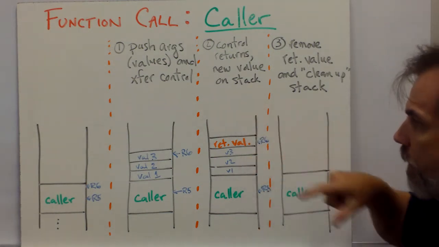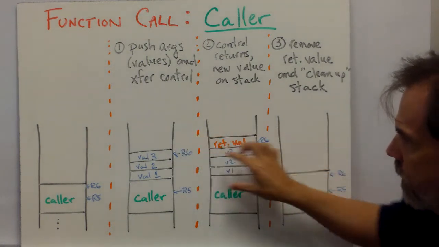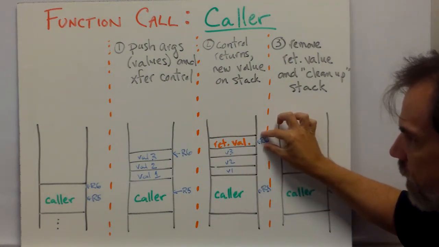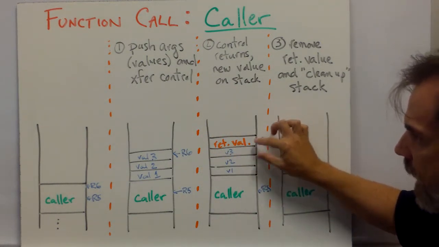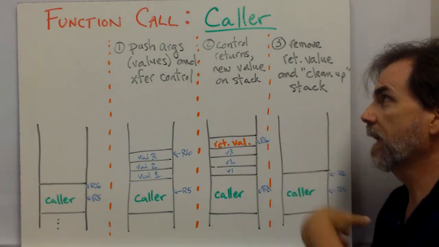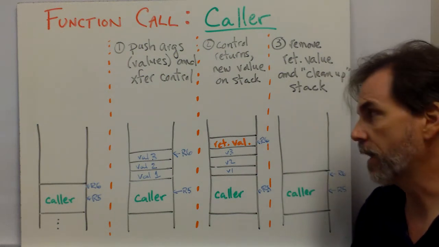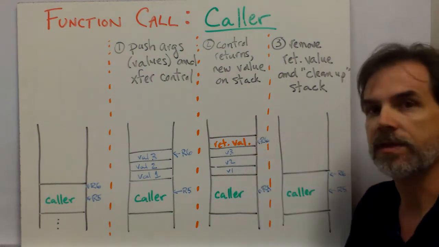When control returns back to us, the stack looks like it did when we started, but there's one additional piece of information that has been pushed on the stack, and that's the return value. This is the thing that was calculated by the function that the function is returning to us, and we find that at the top of the stack.